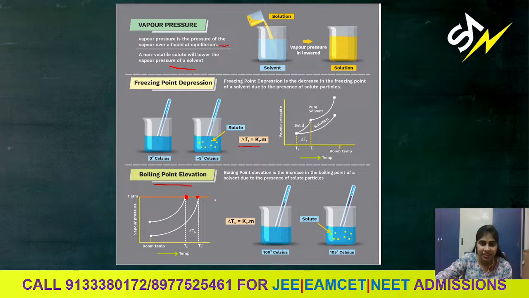See, for solvent it is 100 degrees centigrade. If we add solute, it becomes 105 degrees centigrade. It means the temperature is increased. That is the elevation in its boiling point. So these are a few important colligative properties of this solution.